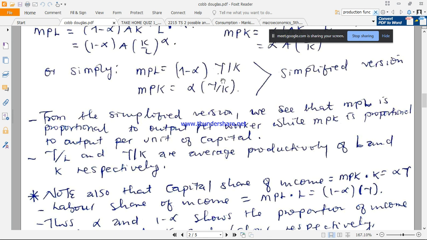Where you have marginal product of labor, it should be y over k. Where you have marginal product of capital, you should have y over l. It's opposite. So here, you should have an l, here, an l.